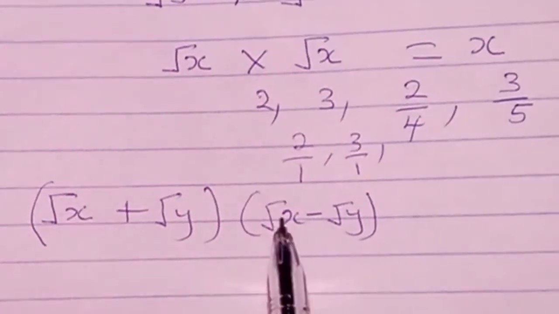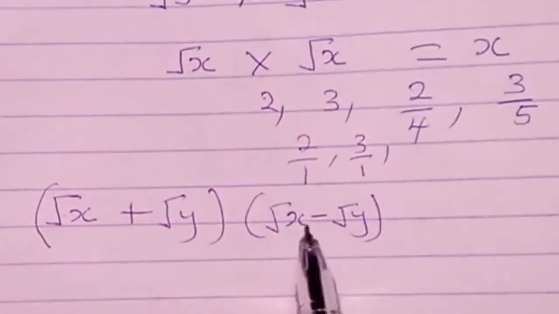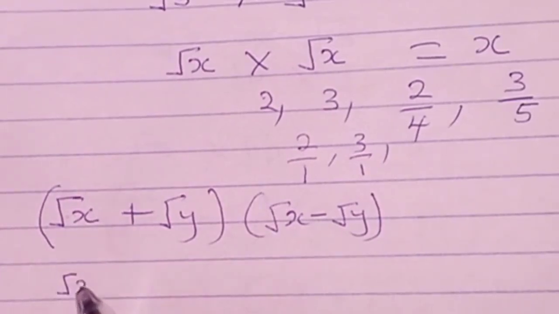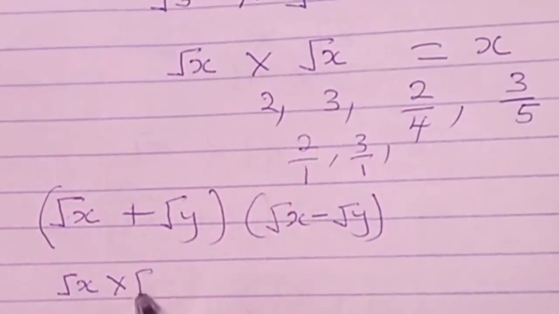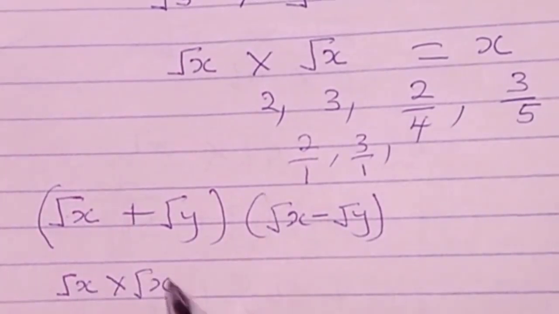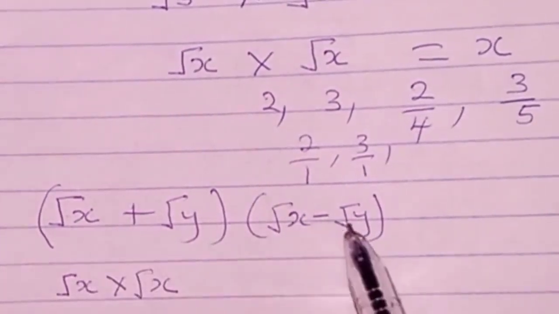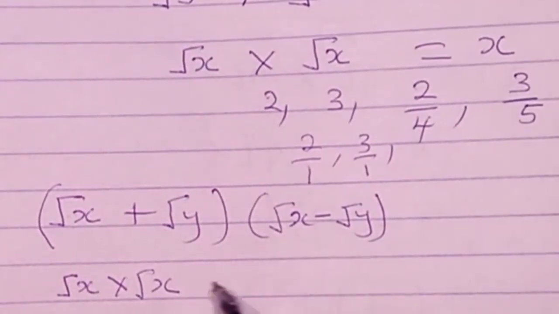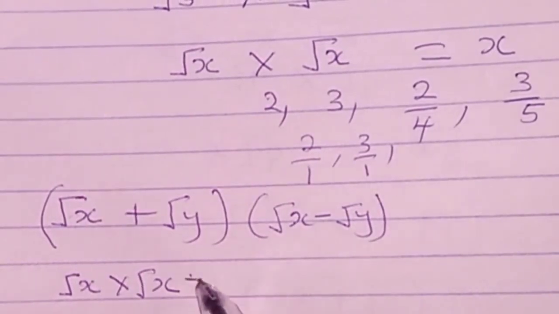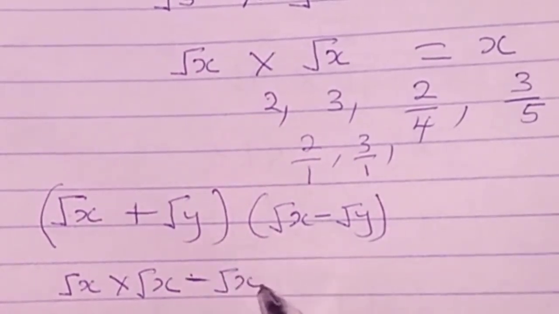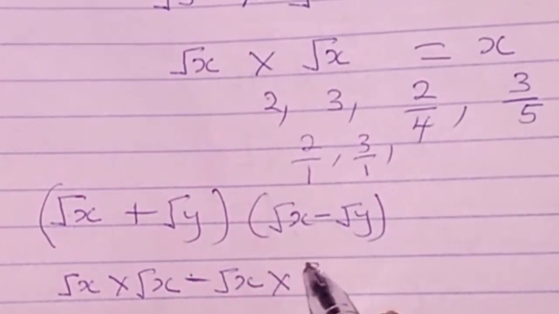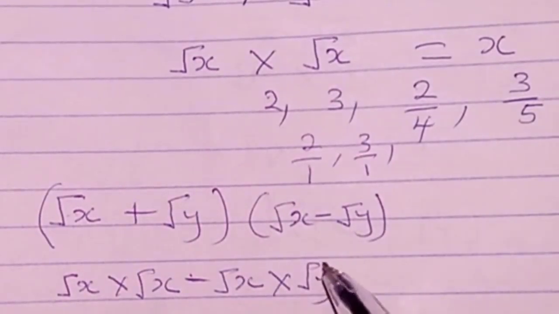Root x times root x gives us root x times root x. Root x multiplied by minus root y, we're going to have minus root x times root y.